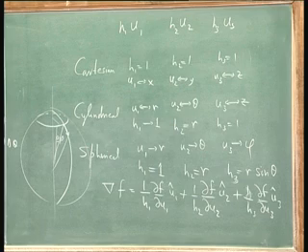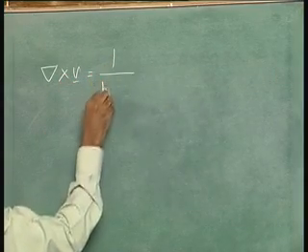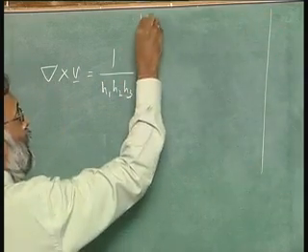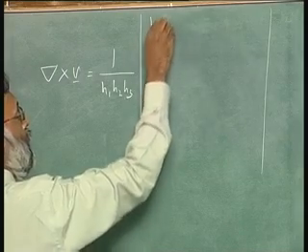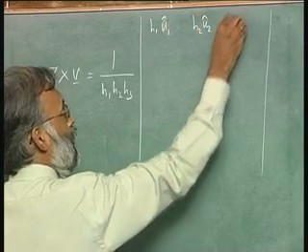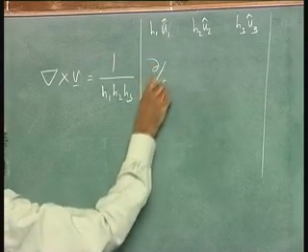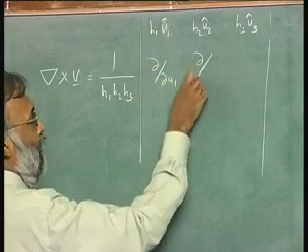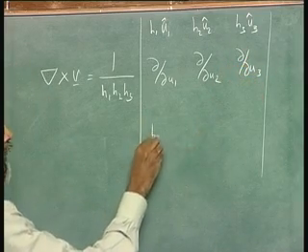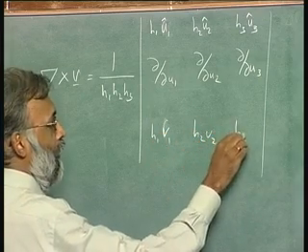The answer is, if you write down what curl is, it can be written as 1 over h1 h2 h3 times the determinant of: h1 unit vector along u1, h2 unit vector along u2, h3 unit vector along u3; del del u1, del del u2, del del u3; and h1 v1, h2 v2, h3 v3.